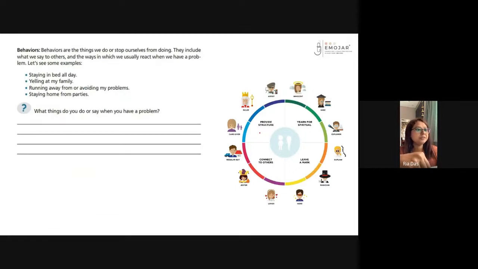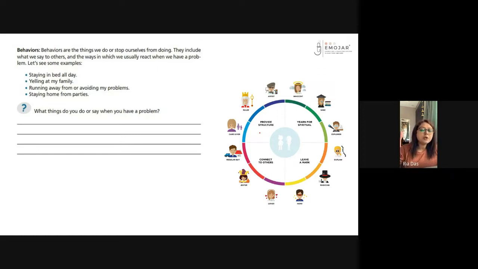Next is the behavior. What all behaviors do we generally engage in? If we take this example, maybe the child doesn't go out of the home or doesn't call up anyone or is scared about every situation, doesn't take up any responsibility as well. So these can be the behaviors being triggered by it.